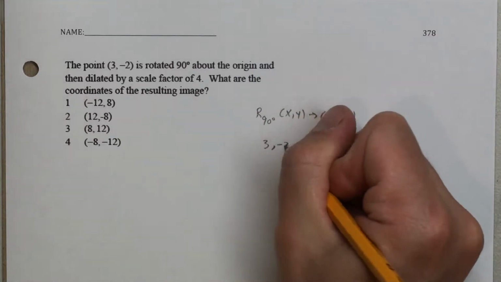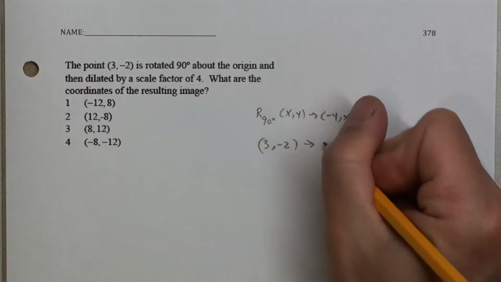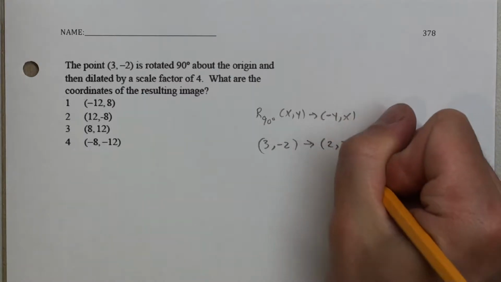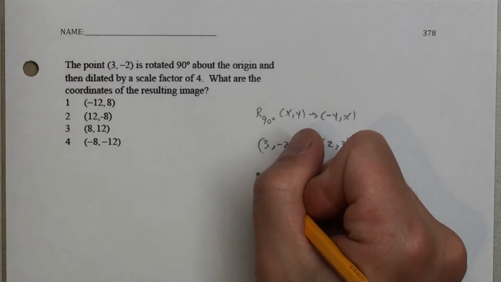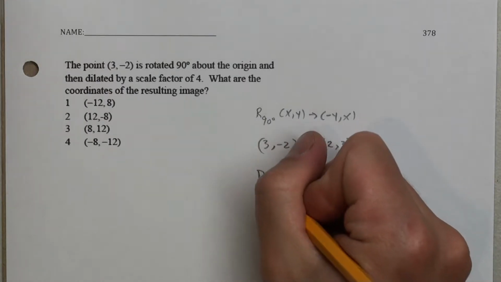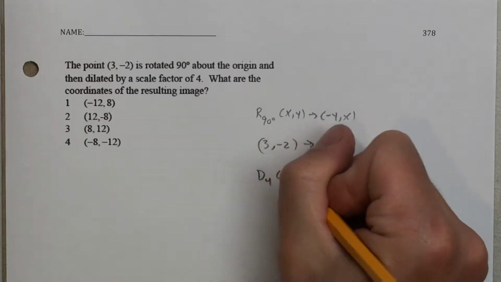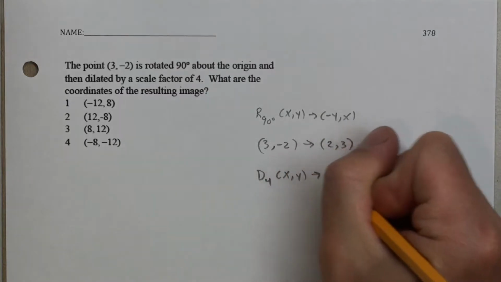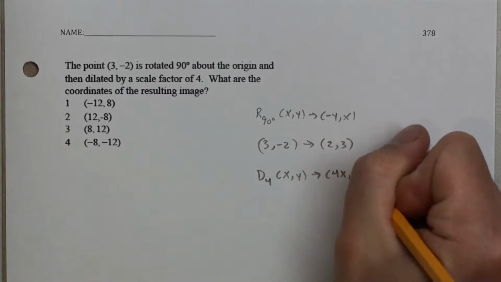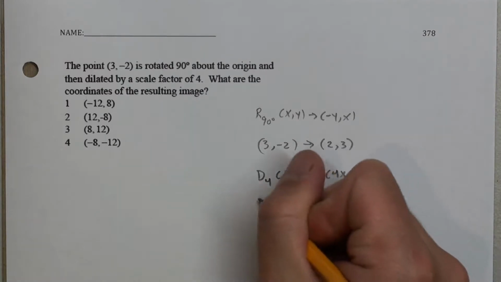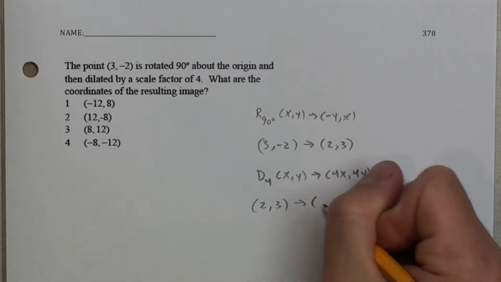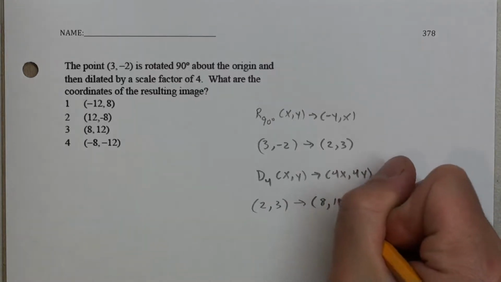So (3, -2) will become (2, 3). And then when we do a dilation of 4, that will take (x, y) and make it (4x, 4y). So we would take the point (2, 3), and it would make it (8, 12).